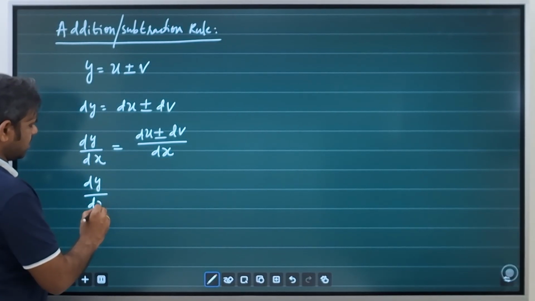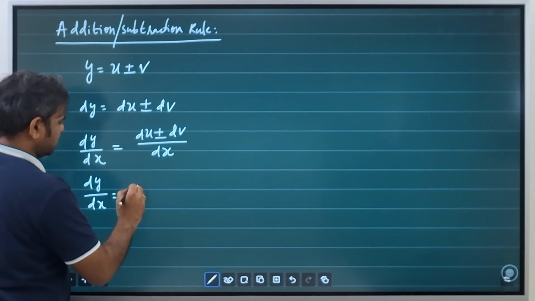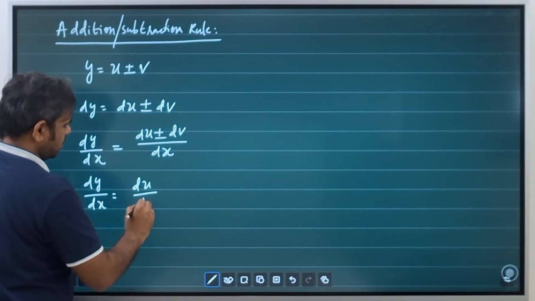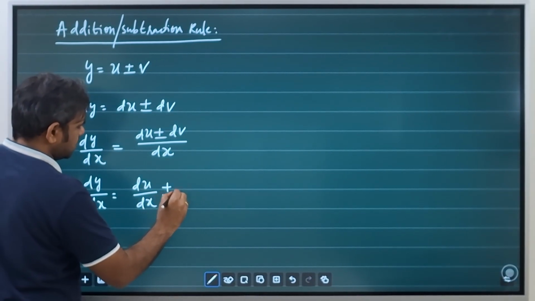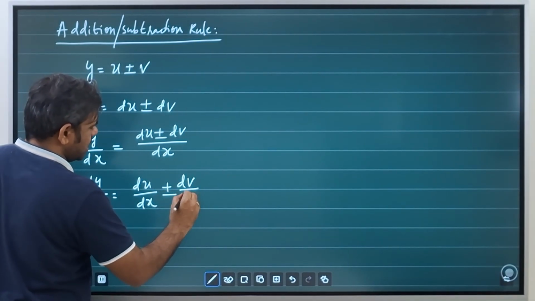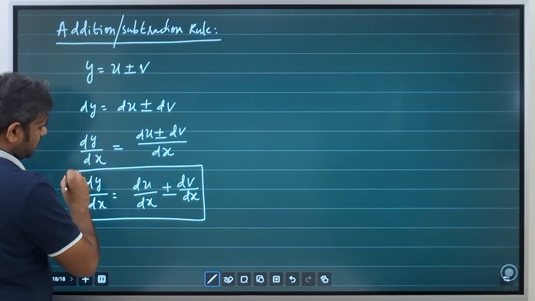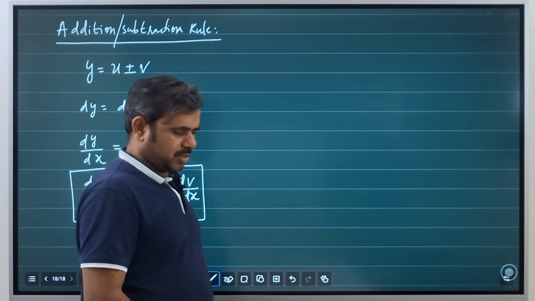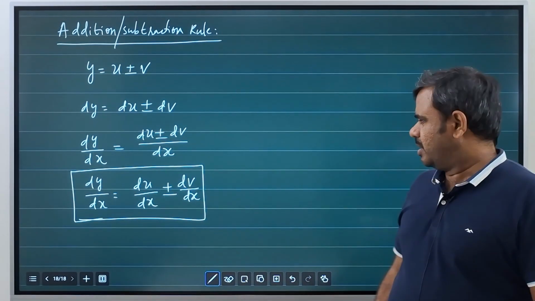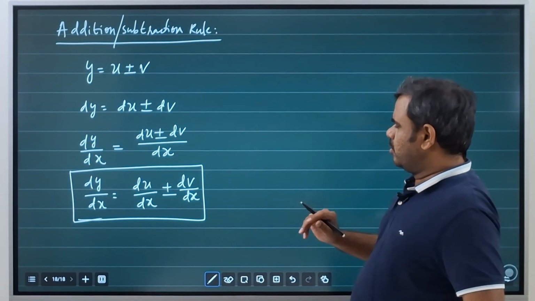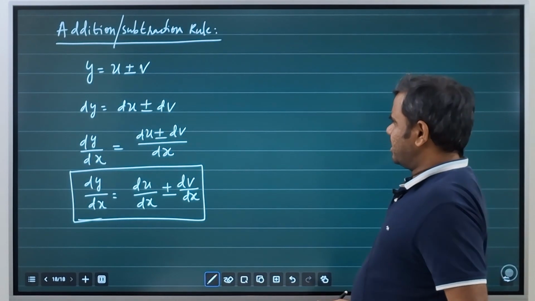Now split the right hand side terms. You will get du by dx plus or minus dv by dx. This is called the addition rule or subtraction rule. dy by dx is equal to du by dx plus or minus dv by dx.